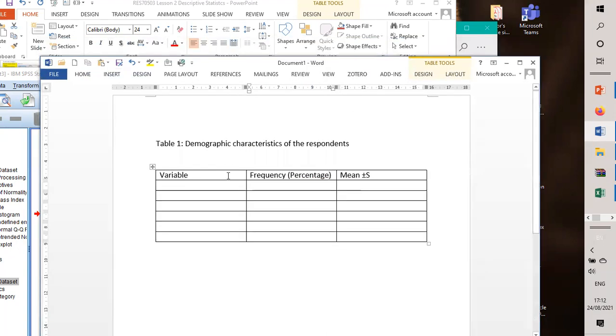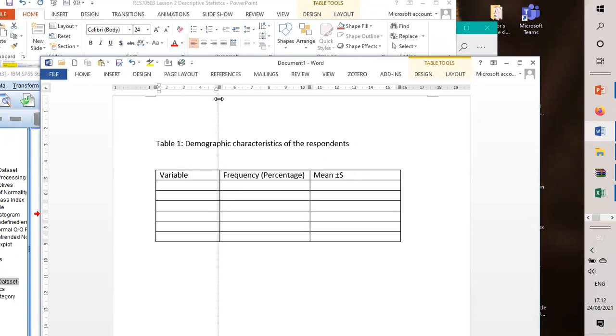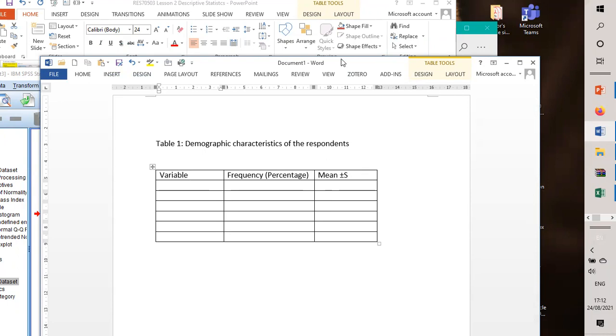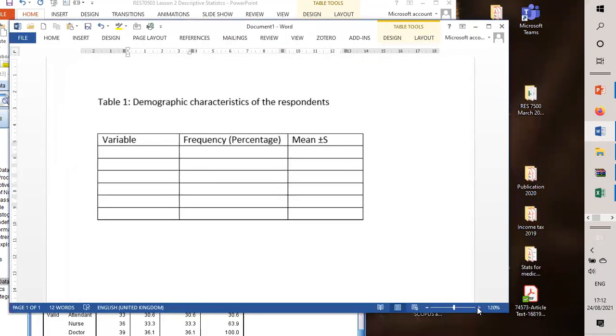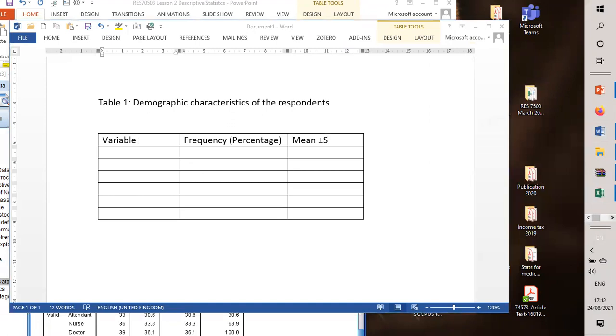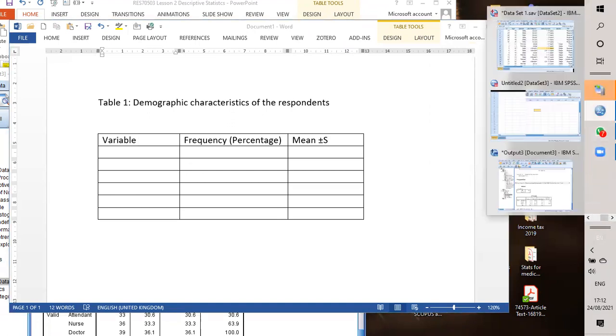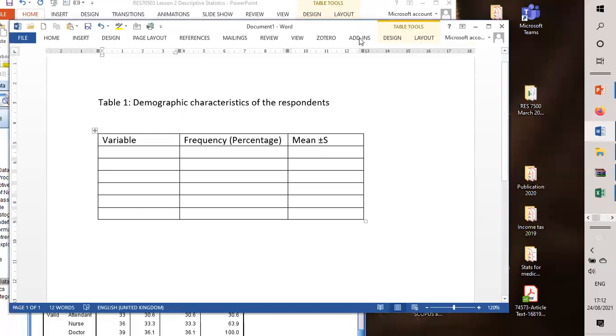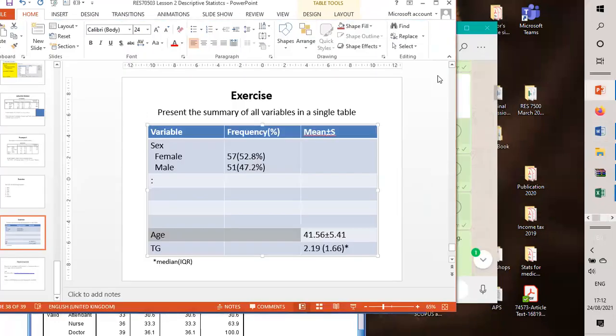Let's see which variable I'm going to describe. All right.